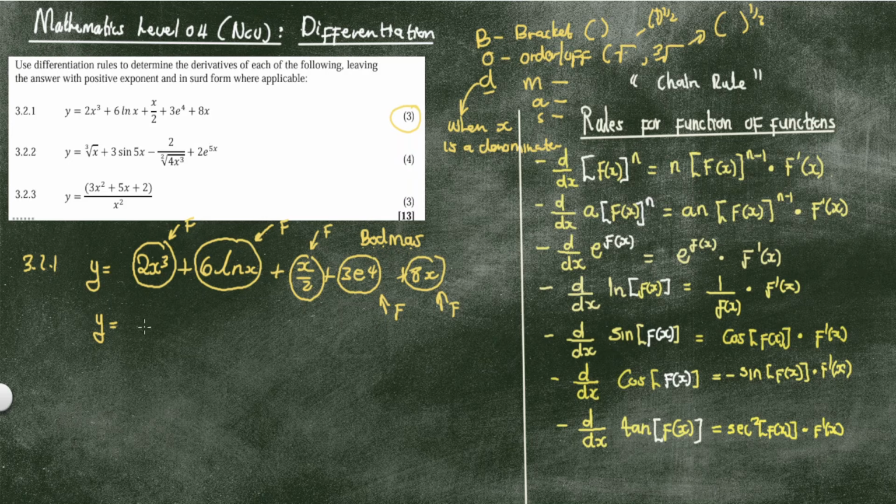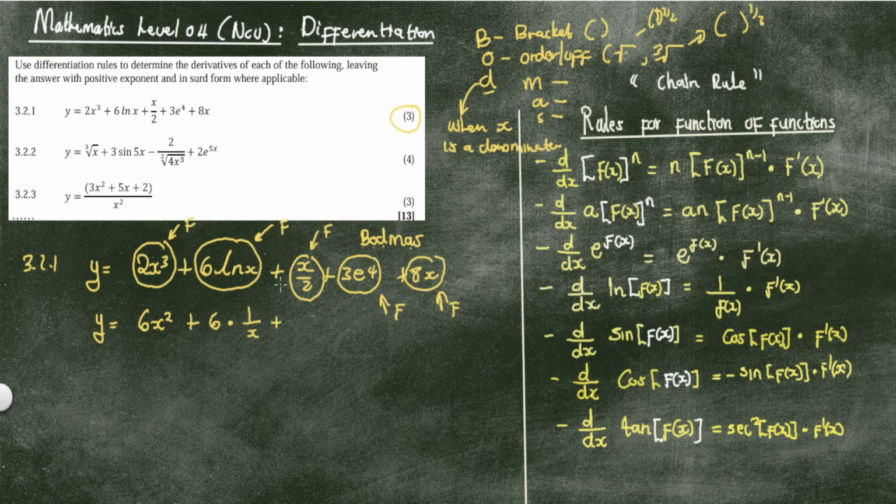The 3 times the 2 gives 6x squared, plus 6 times the derivative of ln x. There's no function of a function, so this is simply 1 over x.